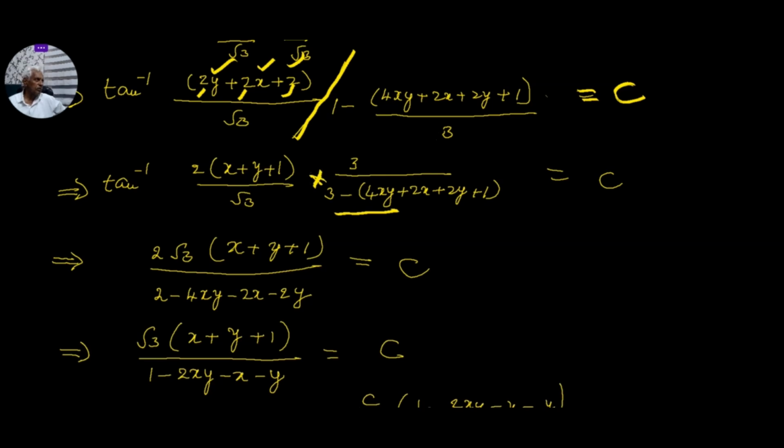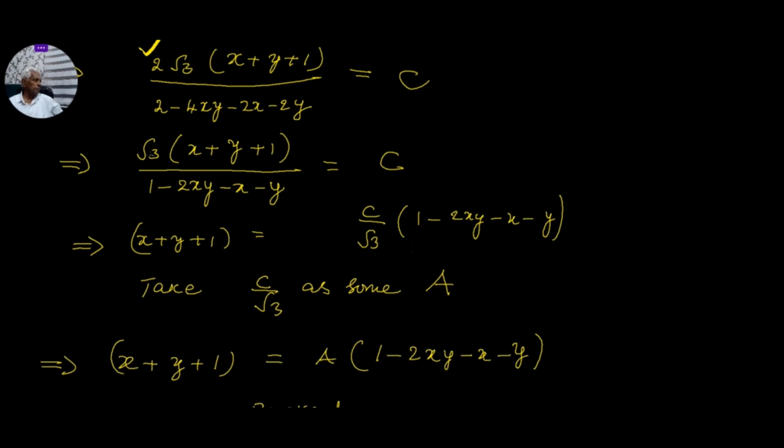This inverts. So 3 by (3 minus this) equal to C. So this is 3, this is 2, this is root 3, so 2 root 3 times (x plus y plus 1) by this. What does it become? 3 minus 1 is 2. 2 minus 4xy minus 2x minus 2y equal to C.